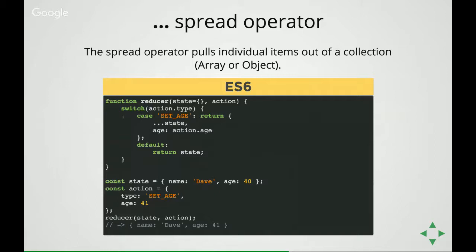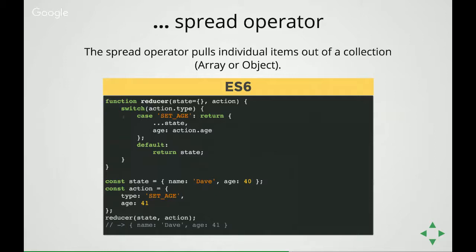So the example of that down here, if we start off with a state that has my name and my previous age, and then we create an action with my current age, and then we pass it to the reducer, we still get what we expect, but that age 41 actually overwrote age 40, which was pulled out via the spread operator.